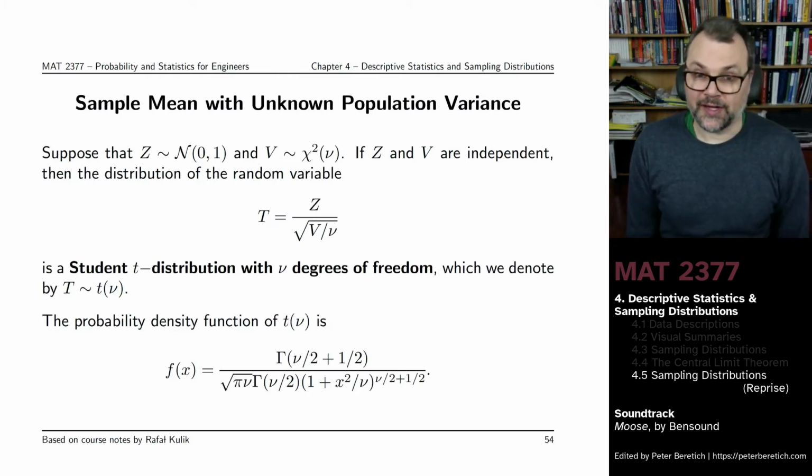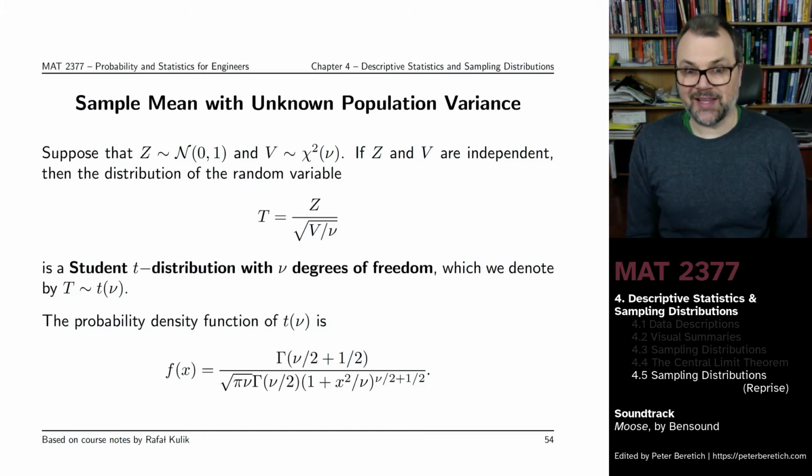Let's assume for now that you have a standard normal variable z, and some other variable v, which follows a chi-squared distribution with nu degrees of freedom. If your z and your v are independent from one another, then the distribution of the random variable t, which is basically another standardization on z, so you take z divided by the square root of v divided by nu, this is going to follow what we call a student t distribution with nu degrees of freedom.